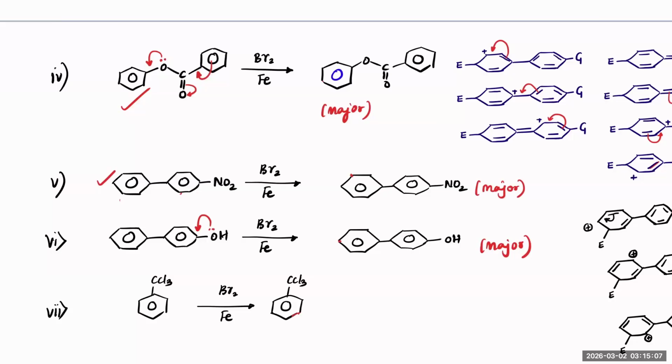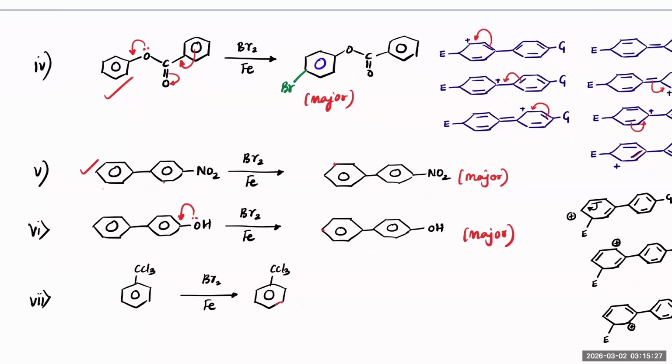Therefore, this is deactivating, this is activating. Hence, bromine will always go on the activating side. Within that activating side, we have ortho and para, but like I said, para is always given priority. That is the major product.